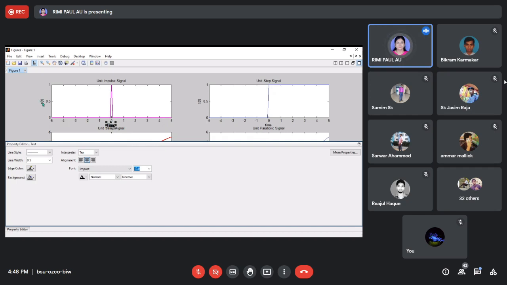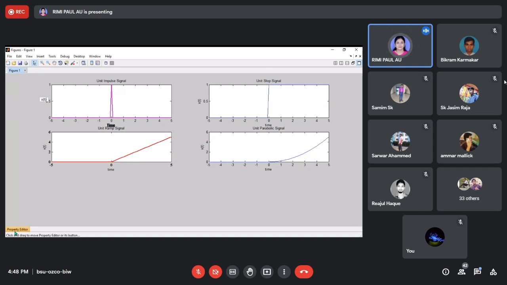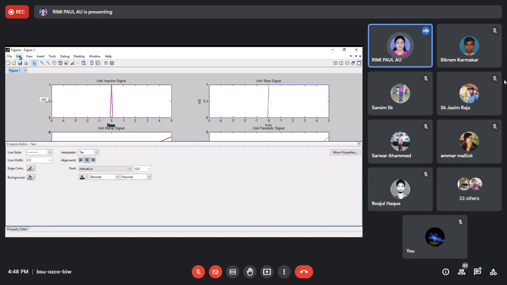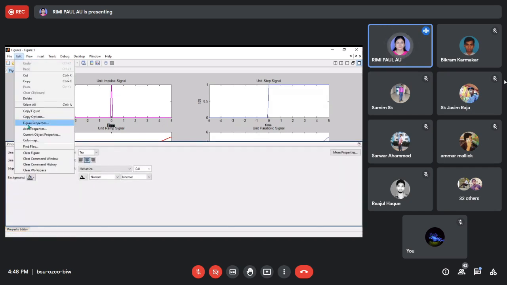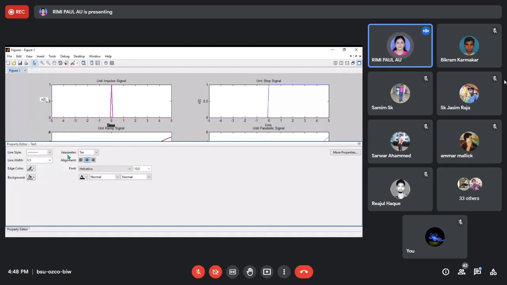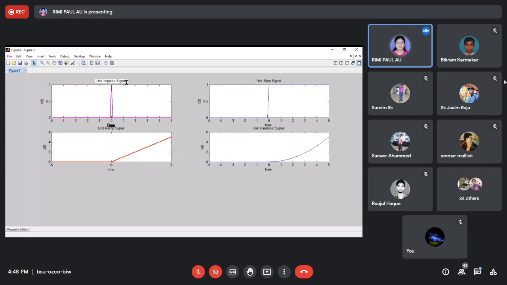Okay, so you just have to click, and go to the property editor. First you go to the editor, figure properties, then from this you will get property editor, you will click here, and you will change the font type, font size, bold. Even if you want to change the name, suppose from figure, if you want to change the particular name of this figure, you can just click here and change the name.